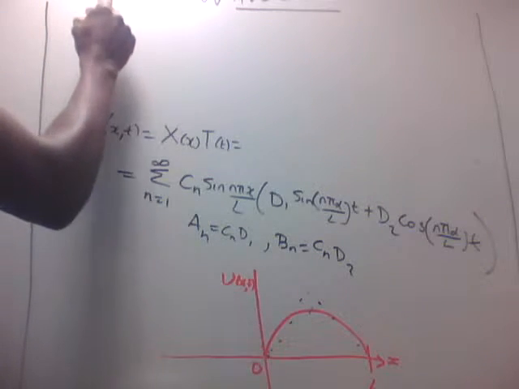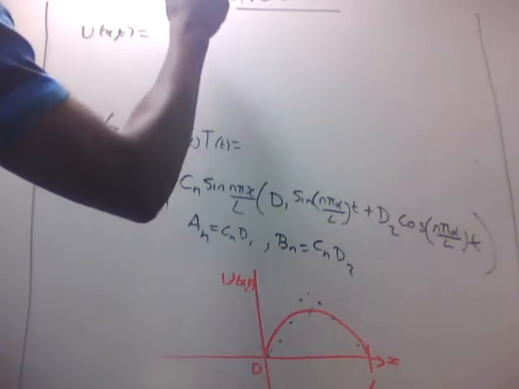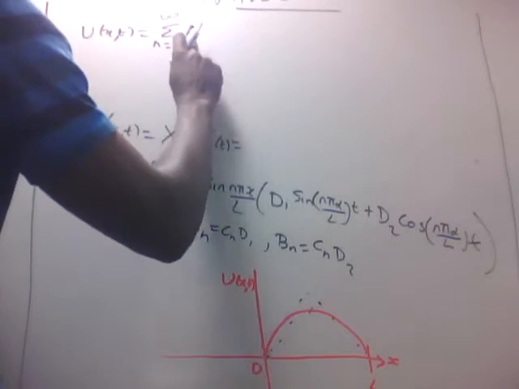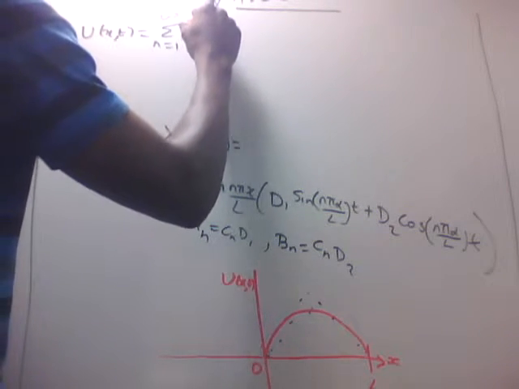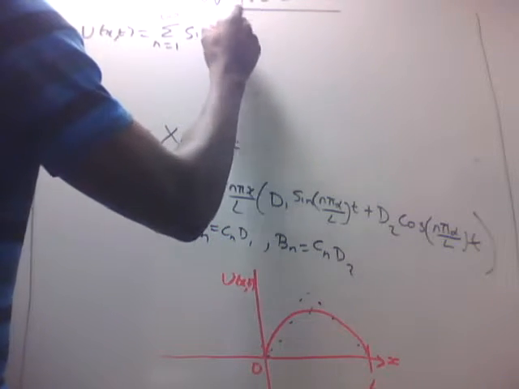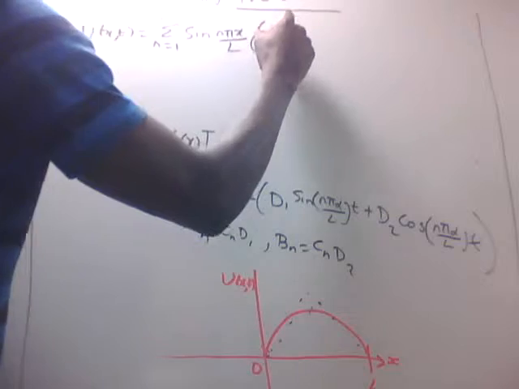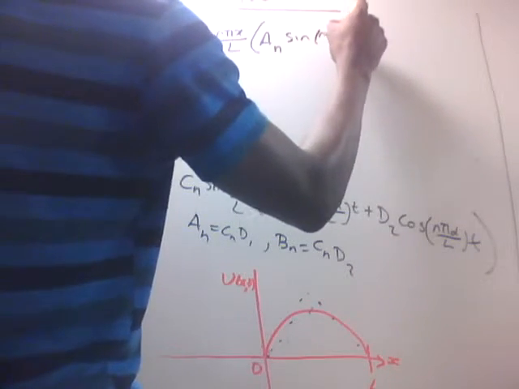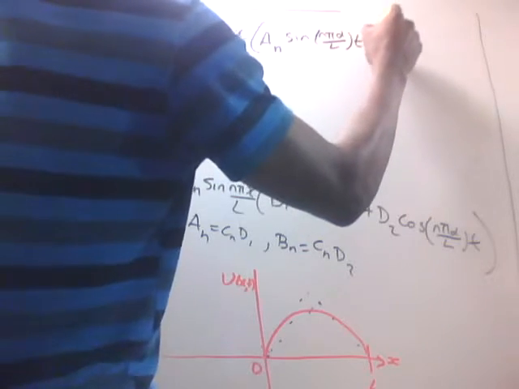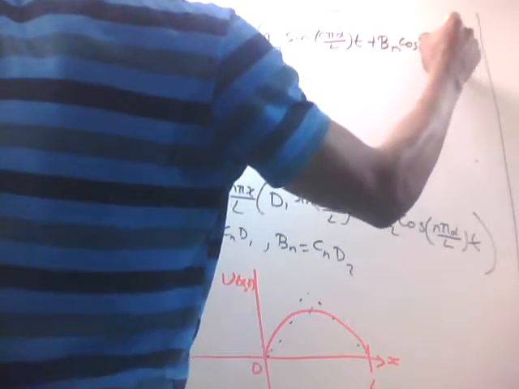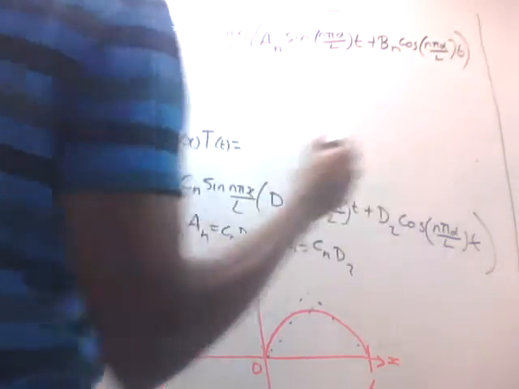Okay, so now u(x,t) equals the summation n equals 1 to infinity, sine n pi x over L, an sine n pi alpha over L t plus bn cosine n pi alpha over L t.